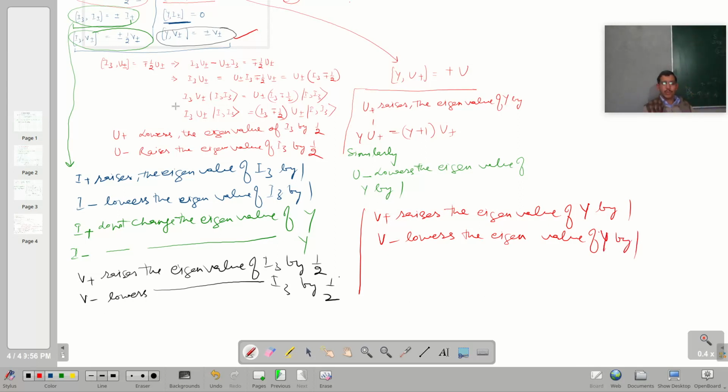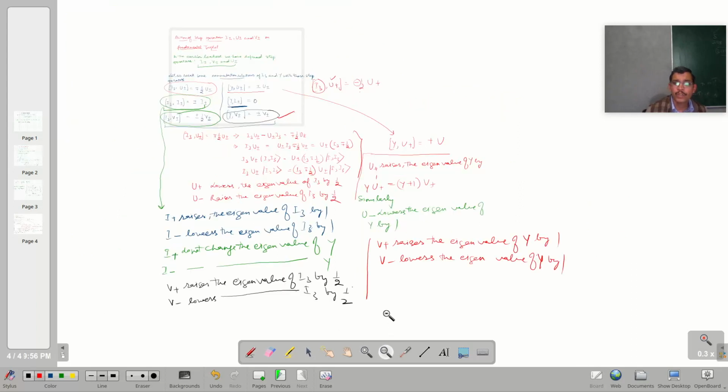That's what we are concluding out of these. If you proceed in this way, and if I recall these commutation relations, I am concluding all these things out of this. So in a nutshell, if I summarize all these results, what should I write down?